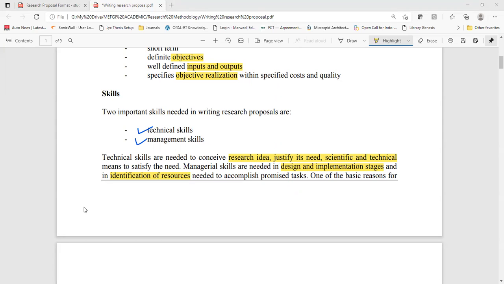Because a lot of material and commitment and everything is involved. So you can't say that, oh, I bought a wrong motor, right? And that's why you need to identify the resource. So you will mention that this will be the motor, and this will be the specification of the motor which is needed for my project.